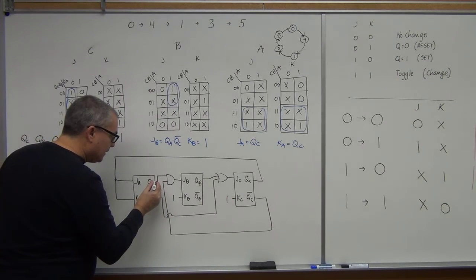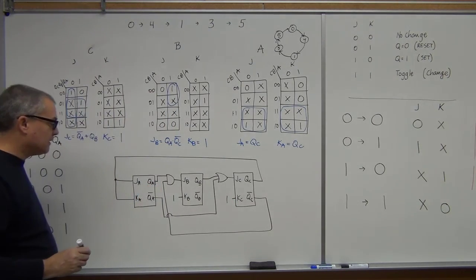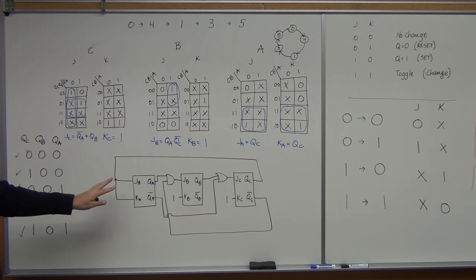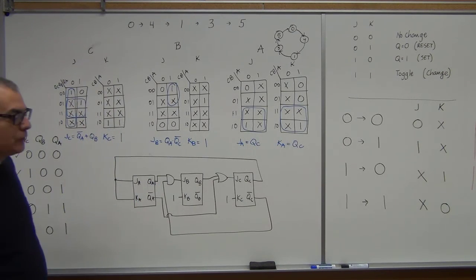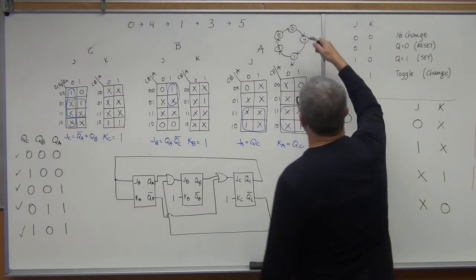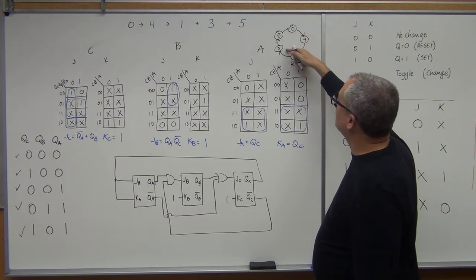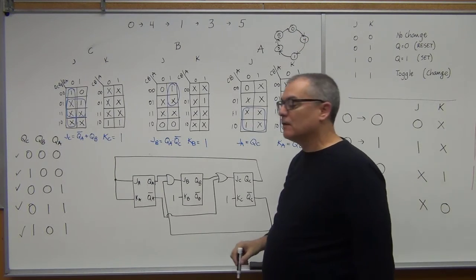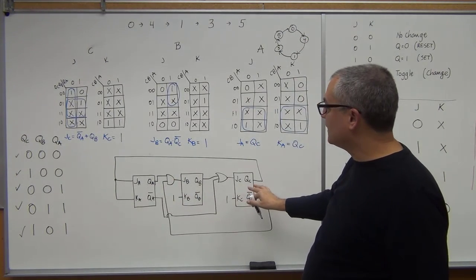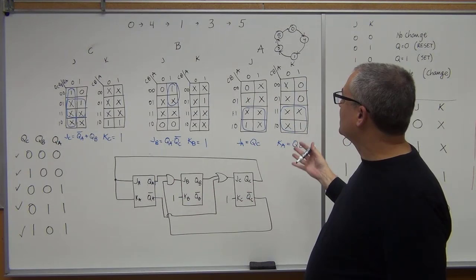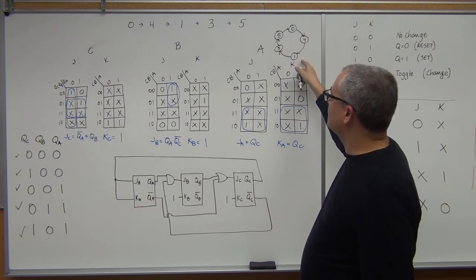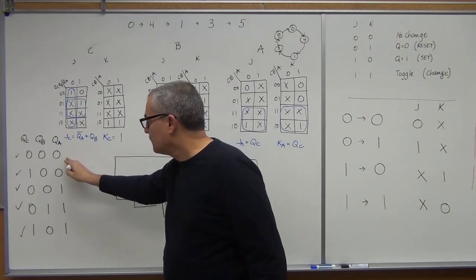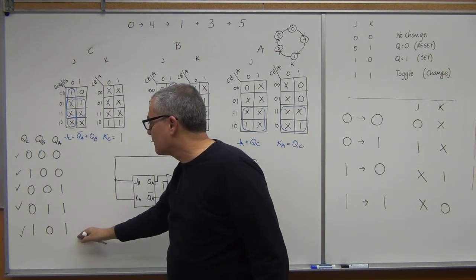So now, if you were to build this circuit and start to clock it, it would count 0, 4, 1, 3, 5, 0, 4, 1, 3, 5, and so on, based on the wiring that we did here. And again, the process is, you know what the count is that you want. Lay it out in binary so you can see it a little better.